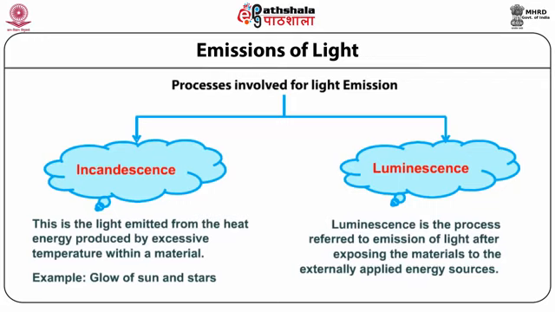For example, an electric heater or metal in flame begins to glow red hot, and the glow of the sun and stars. Second type is called luminescence. Here, luminescence is light emission due to an excited energy.